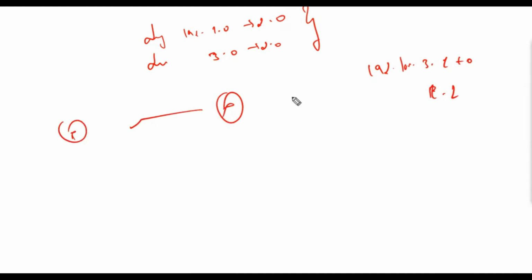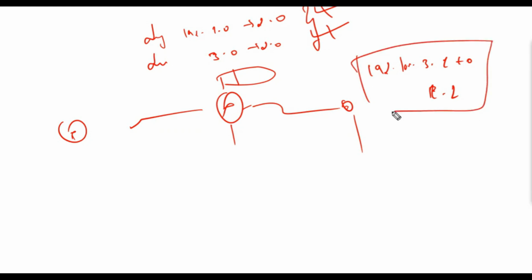Since our ACL was installed here, this packet is going to be checked here. But I have written only two ACL statements. So it is going to check the first ACL statement, it is not going to match, and it is going to check the second statement. It's not going to match. Then, if it doesn't match, this packet will be dropped. Remember, it's very important: this packet will be dropped.